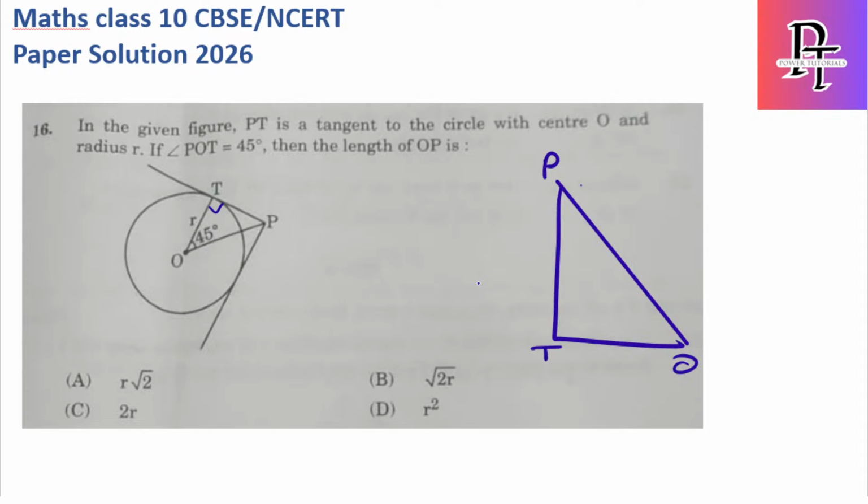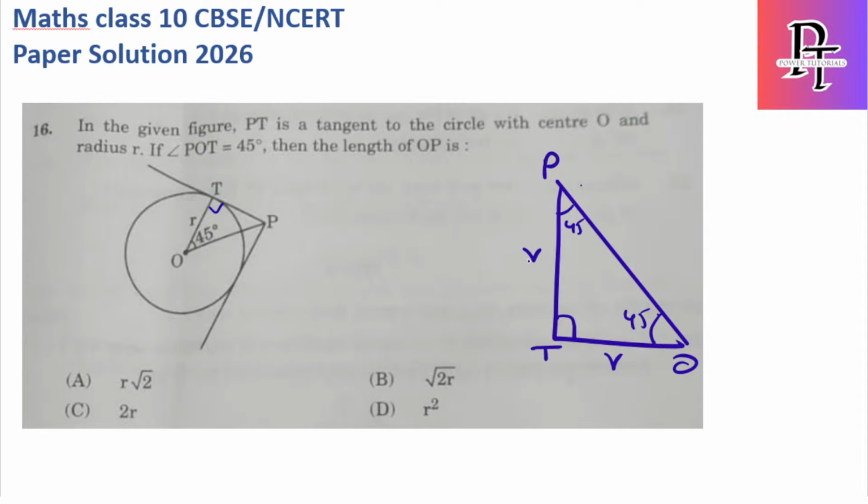TOP is 45. So this is 45. So obviously this is 90. Then this also is 45, because 45, 45, 90 will become an isosceles right angle triangle. Okay, so OT is R. If this is R, this also is R because it is an isosceles triangle.